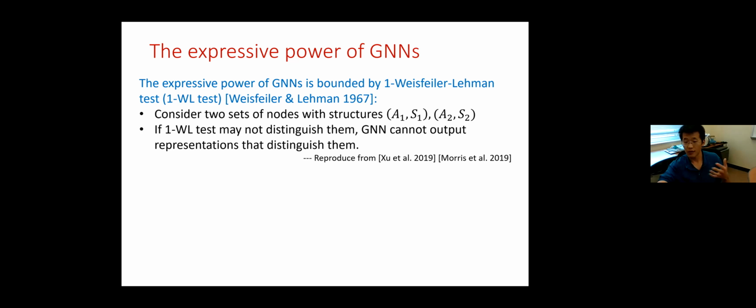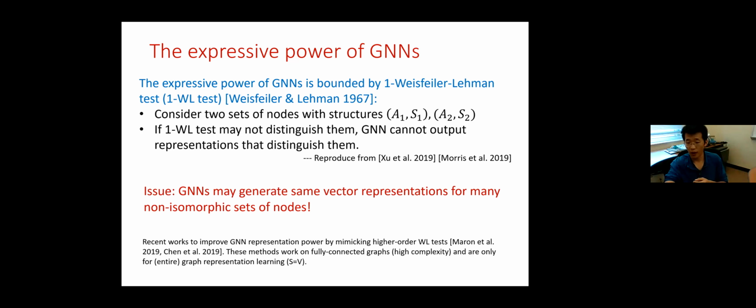What do I mean by bound here? For any structures, if the one WL test cannot distinguish them, then a graph neural network following the previous procedure cannot distinguish them. This can be proved in a very easy way.